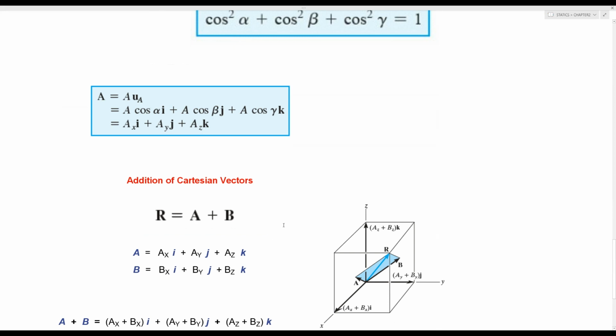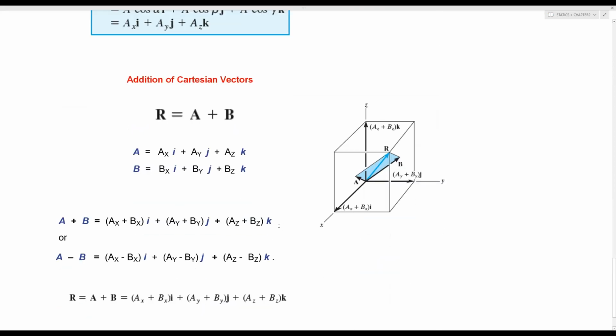Okay, now if we were to add or subtract these Cartesian vectors, looking at this figure, we have a resultant force R, and we know that R is equal to A plus B. A itself can be expressed in three components: Ax in the i direction, Ay in the j direction, Az in the k direction, and we do the same thing for B. When we add both together, we collect like terms: Ax plus Bx in the i direction, Ay plus By in the j direction, Az plus Bz in the k direction.